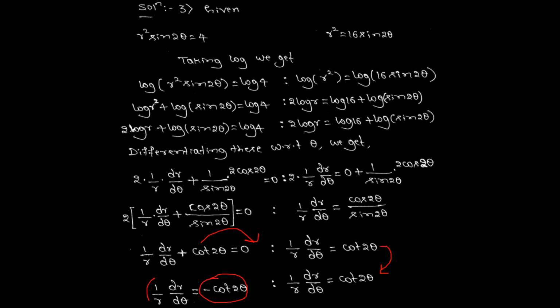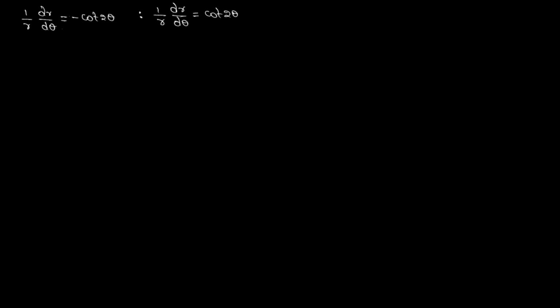Now let us replace this as cot phi 1 and this as cot phi 2. We have replaced here. As we know, this minus can be taken inside the cot. Let us do that.